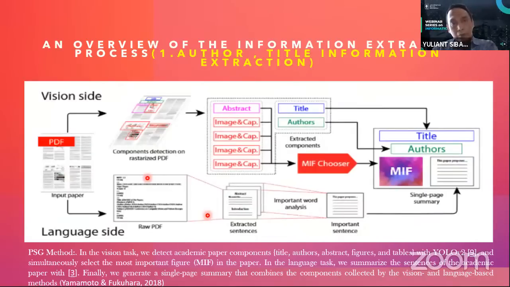After we can extract the components, we can extract title and author, because the focus of information extraction in the first step is title and author information. But we have to know that each paper sometimes has a different template. Of course, it requires different rules to handle this.